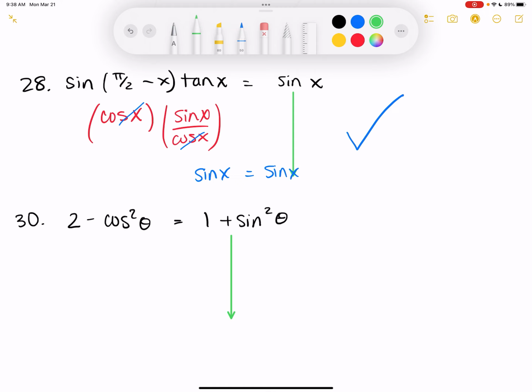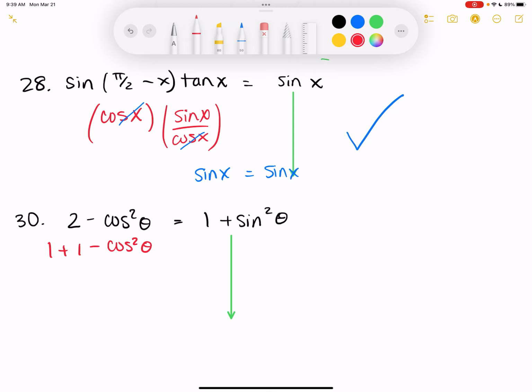There's a way that's a little bit easier, but that is what we're looking for. So I'm going to show you what I think is slightly easier. Would you agree with me that 2 is equal to 1 plus 1? Yep. So 1 plus 1 minus cosine squared of theta. Now, we've said before that cosine squared plus sine squared is equal to 1.